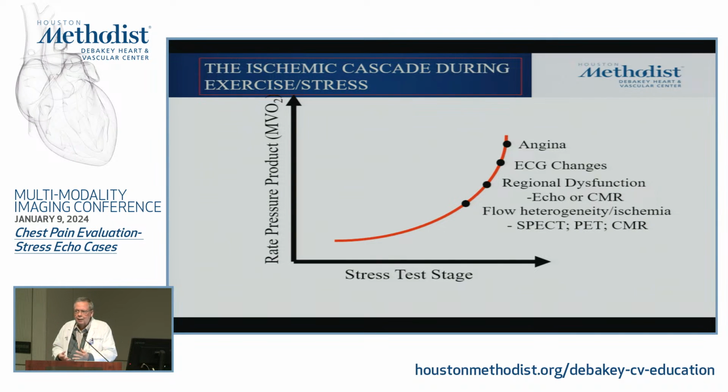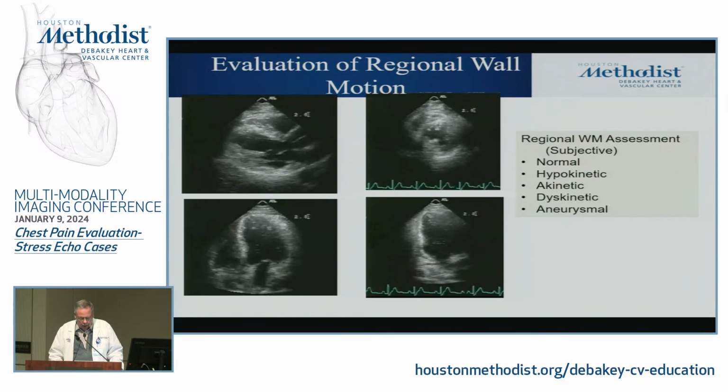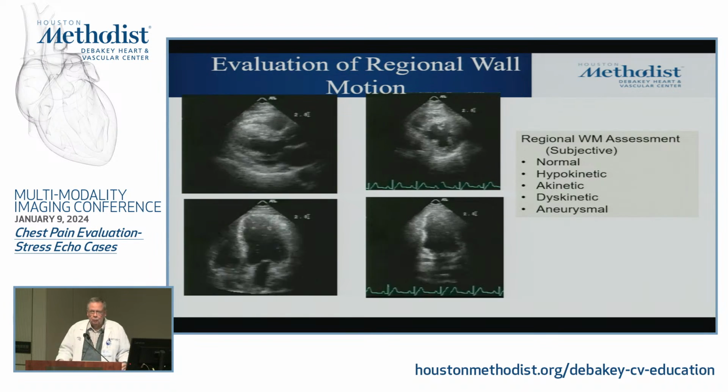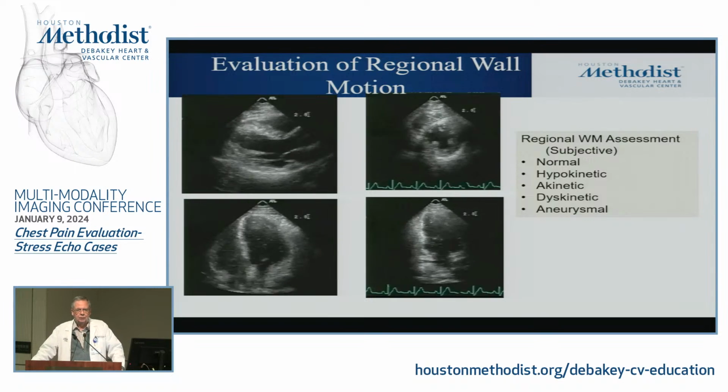And yet at home, they get angina with similar or even lesser amounts of exercise. It's still one of those fascinating things that we have not completely explained in terms of what the mechanisms for angina are.